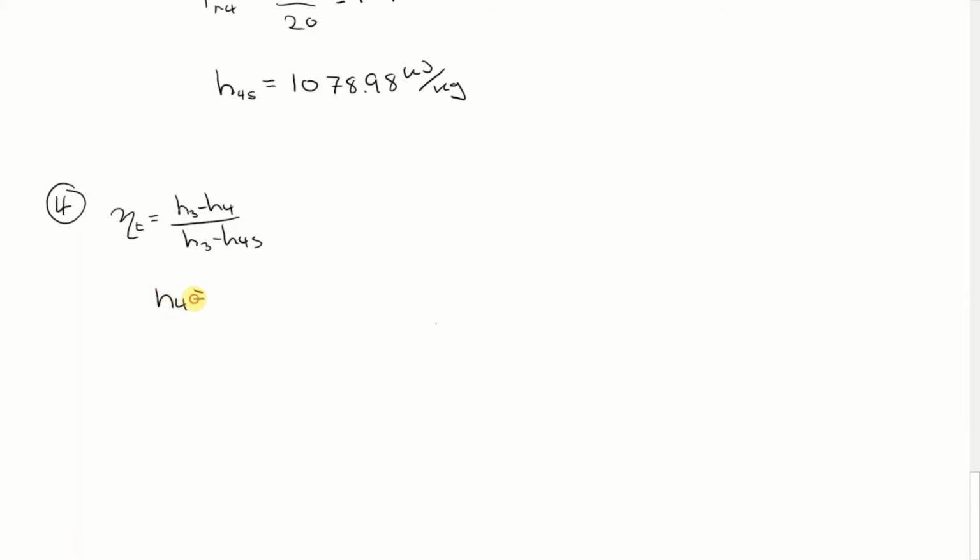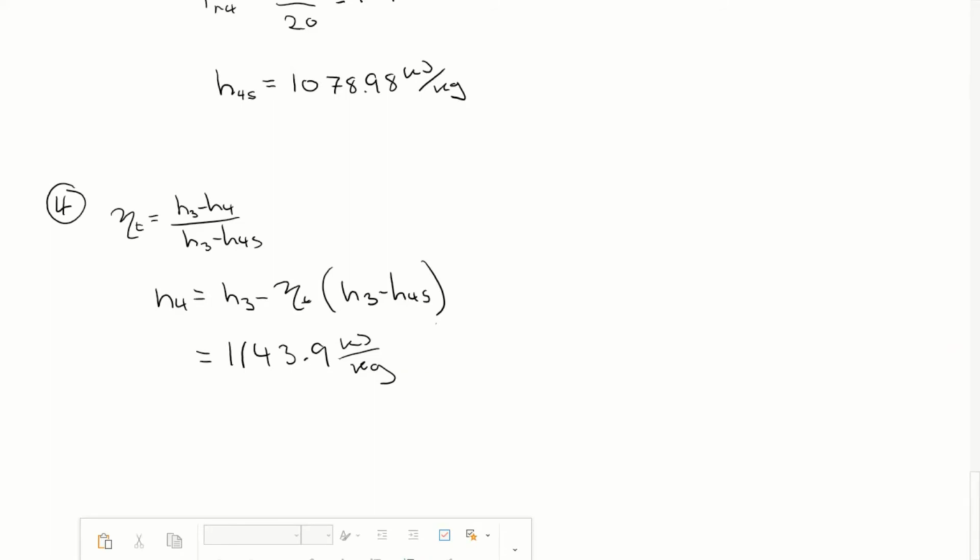So h4 will be equal to h3 minus the efficiency of our turbine times (h3 minus h4s). Solving for that, we'll find 1143.9 kilojoules per kilogram.